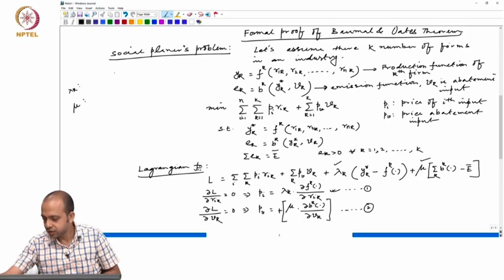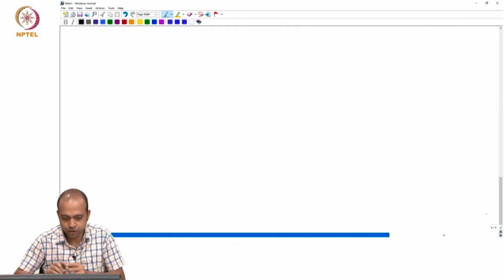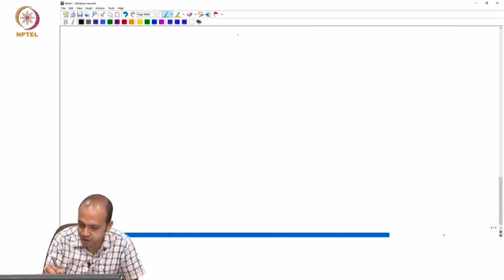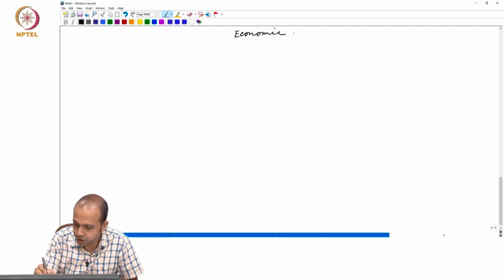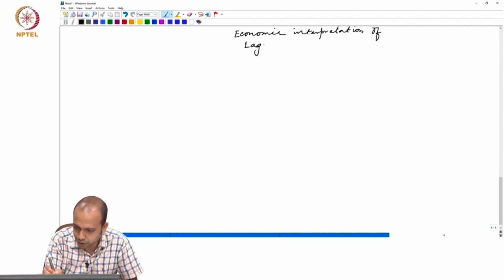For that, I will take you to some other example, a simple objective function to understand the Lagrangian multiplier. This is the economic interpretation of the Lagrangian multiplier.